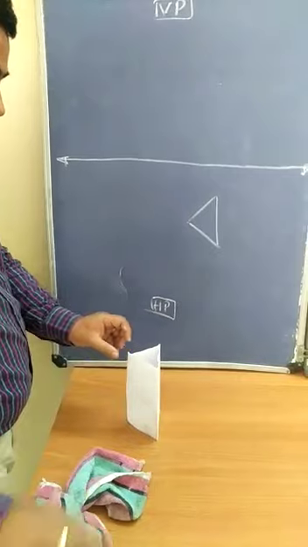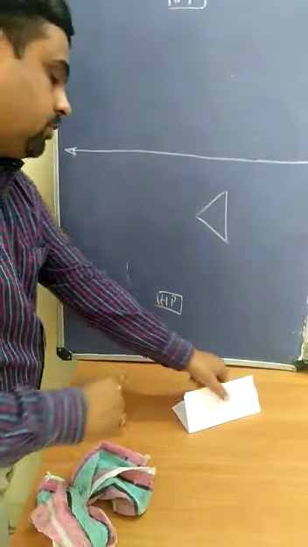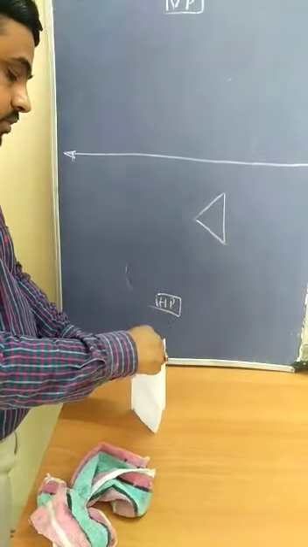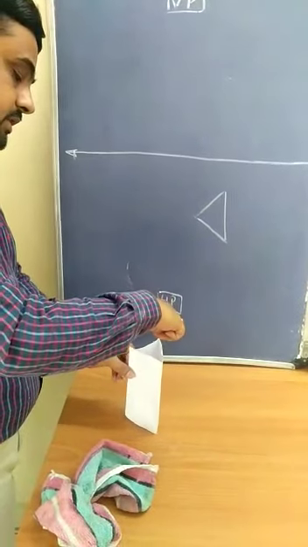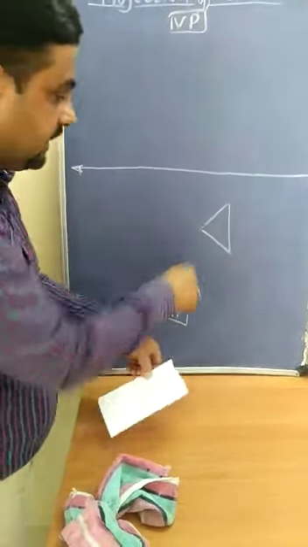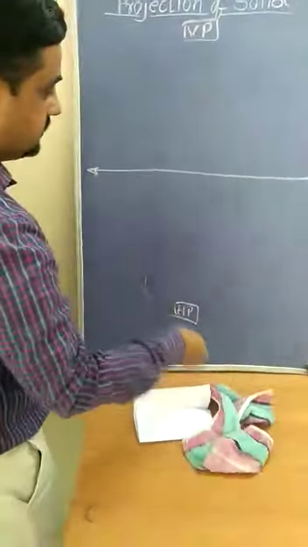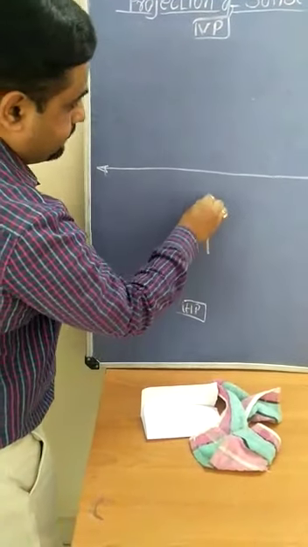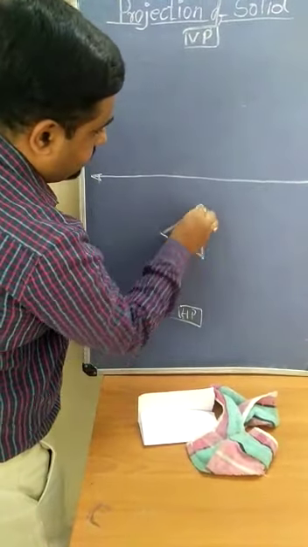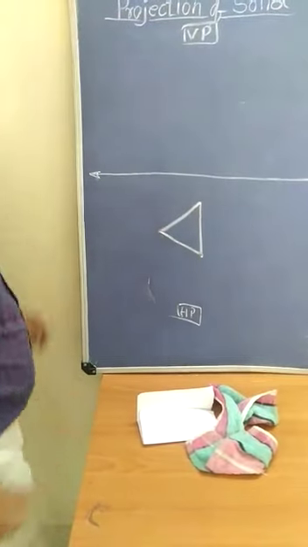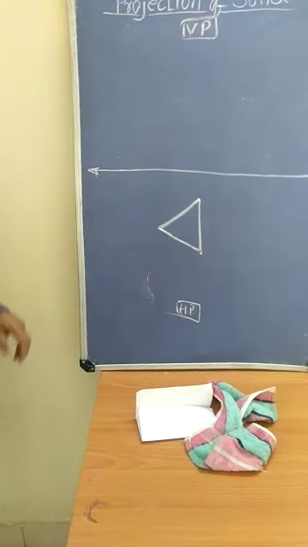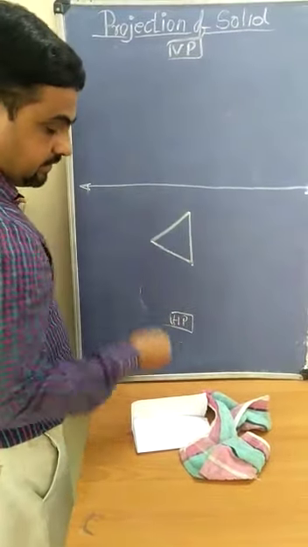This is the position we are observing from the top view, and you can see the triangle like that. So this is your equilateral triangle.